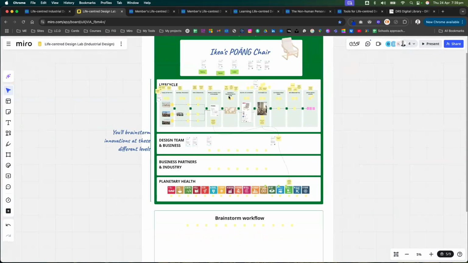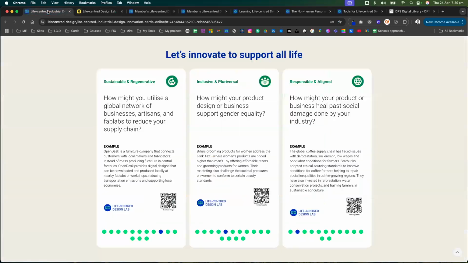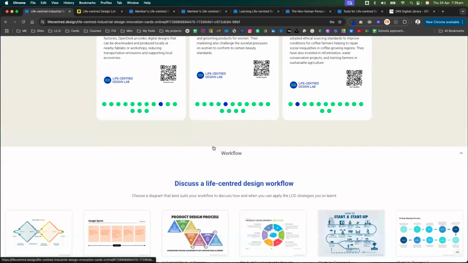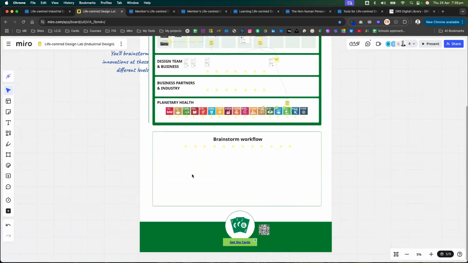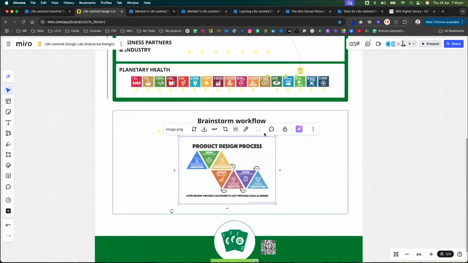I wanted to now go to the next step where we think about how you would bring these into your workflow. So I'm going to use this rudimentary flow of a product design process.